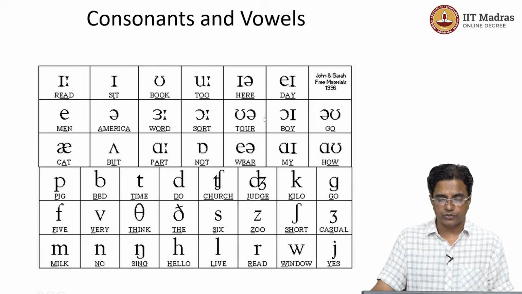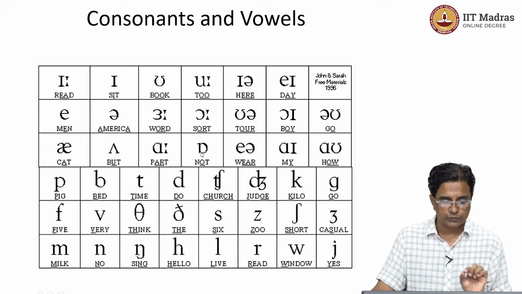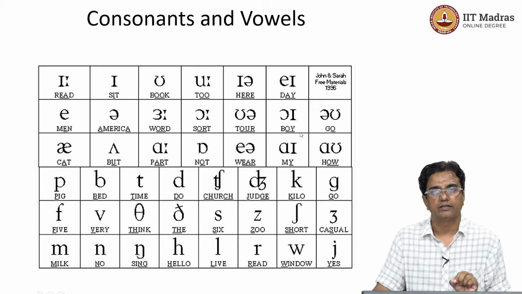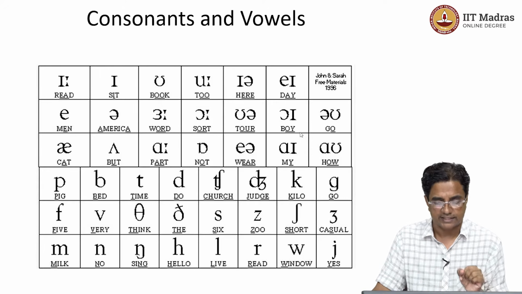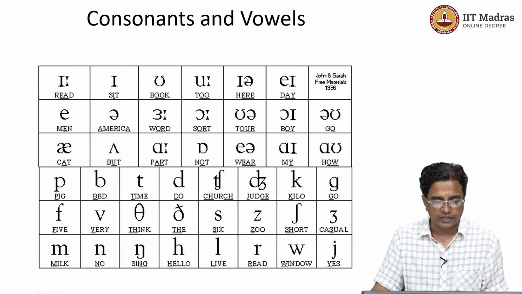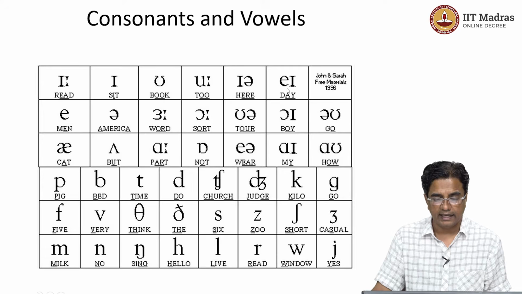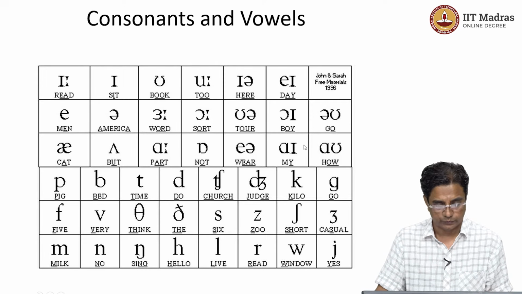Now, I want to draw your attention to some of these sounds which are called diphthongs, and I'll talk about them in detail again. However, look at this: ear, here, A as in day, U as in tour, Oi as in boy, and O as in go.